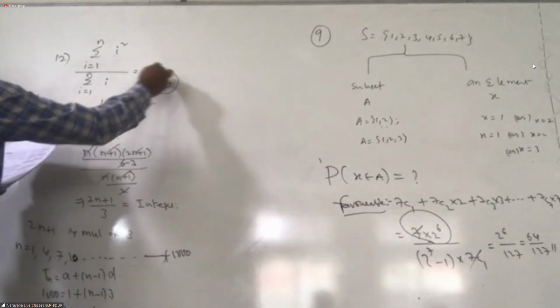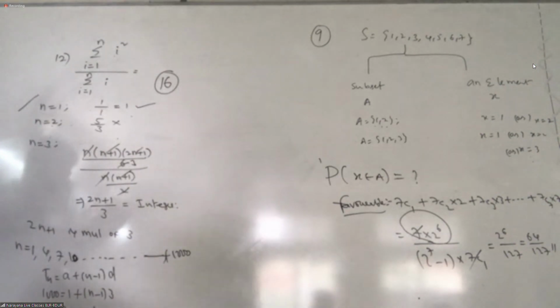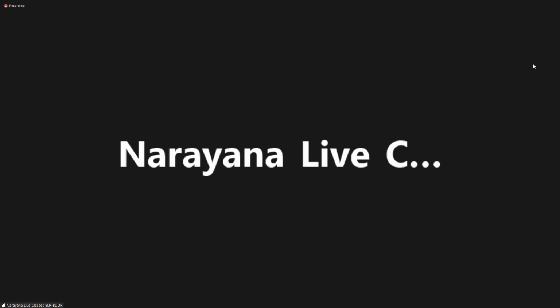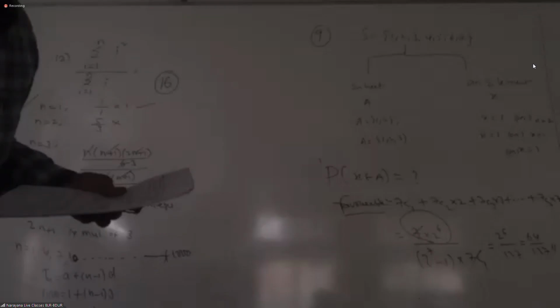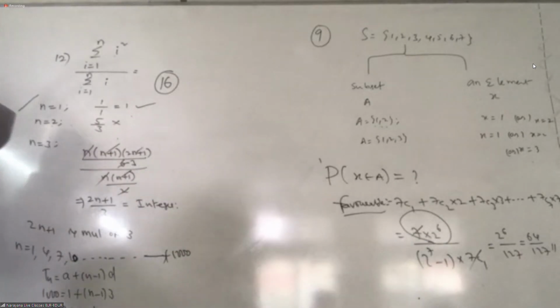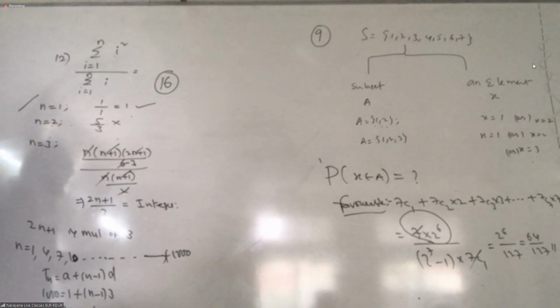16th question. A random experiment, a fair die is rolled until two fours are obtained in succession. So therefore here you are going to stop the experiment when you are having two fours at last.